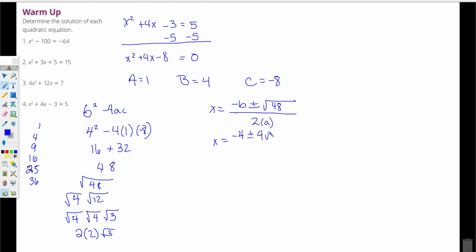So 4 square roots of 3 divided by 2 times 1. And so x is equal to negative 4 divided by 2 plus or minus 4 square roots of 3 divided by 2. So negative 2 plus or minus 2 square roots of 3.